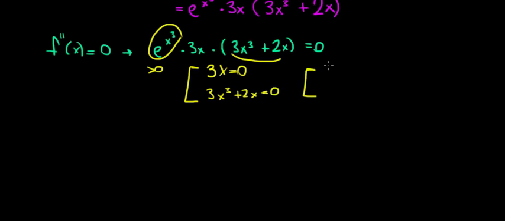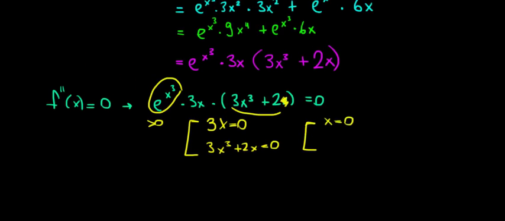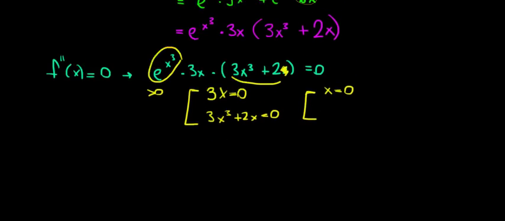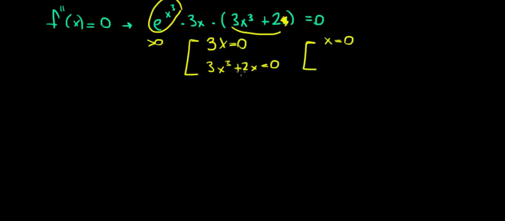Which means from the first term we have either x is 0, and from the second term, I'm sorry, I had a mistake here, it's not 2x, it's just 2, because 3x times 2 will give us 6x that we had in the beginning. I'm sorry about that. So 3x cubed plus 2 equals 0, which means that 3x cubed equals minus 2, because we take 2 to the other side.